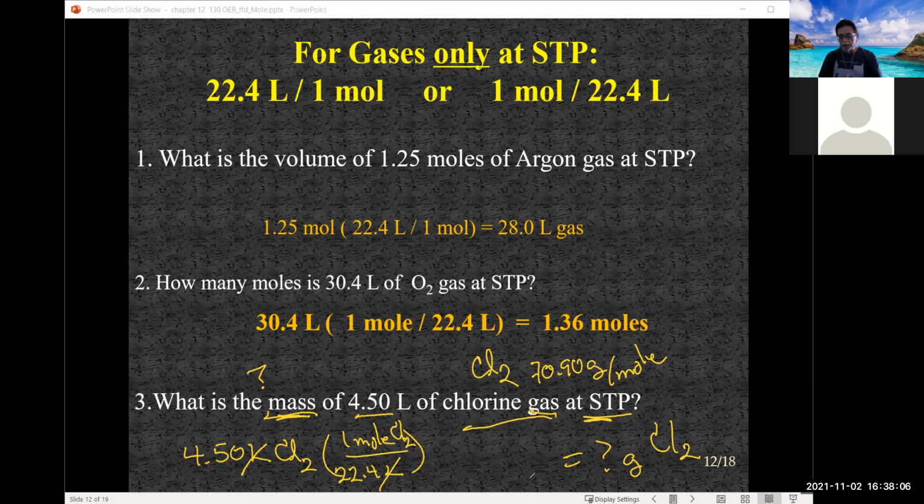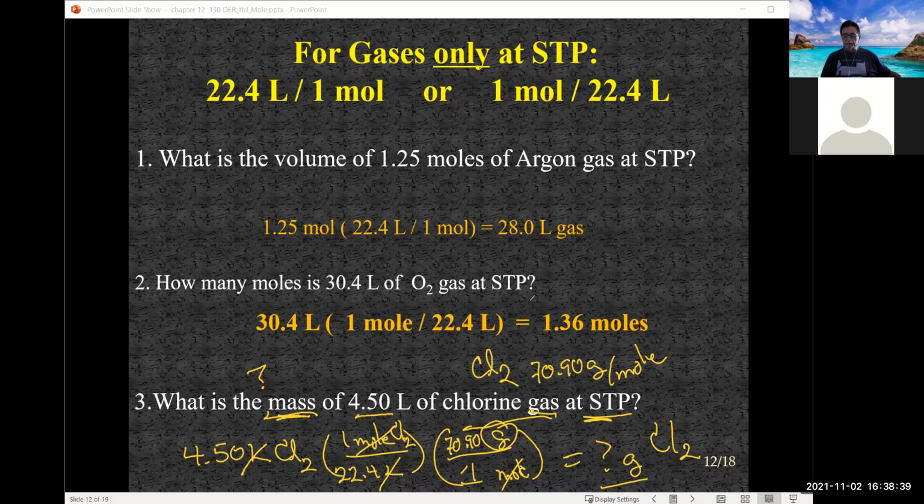I'm not at grams, so I need one more factor, with grams in the numerator and moles in the denominator. And that is the units of molar mass. My moles cancel. It's the molar mass of chlorine gas. Unit-wise, I'm left with grams, which is what I'm looking for. So I have set up the problem properly.